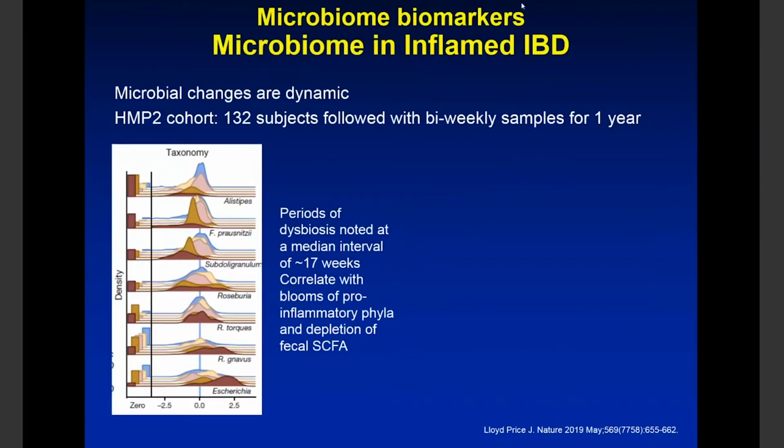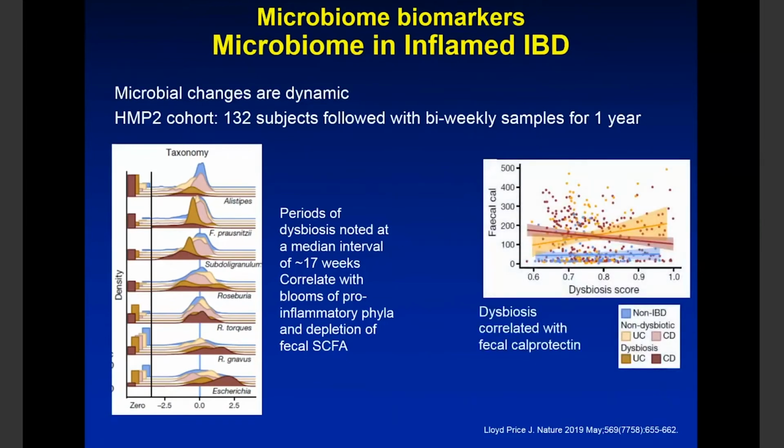For example, you can very nicely see that there is an increase in abundance of Ruminococcus gnavus, which is associated with inflammation, and increased abundance of Escherichia that also correlates with these blooms of dysbiosis, and these species have been linked directly to inflammation. On the other hand, there's decrease or depletion of bacteria such as Faecalibacterium prausnitzii and Roseburia that have been inversely associated with inflammation.